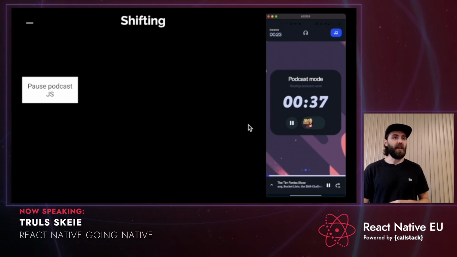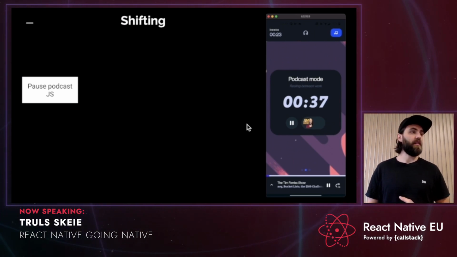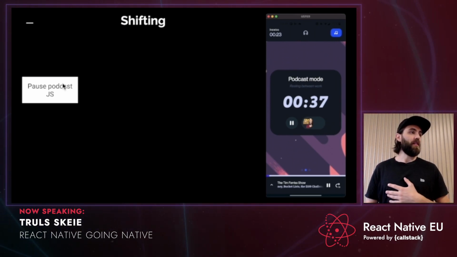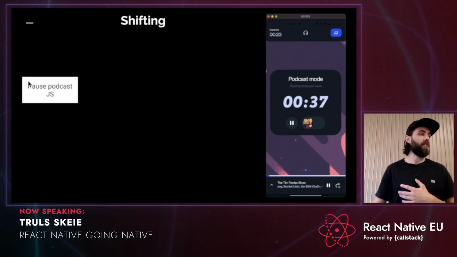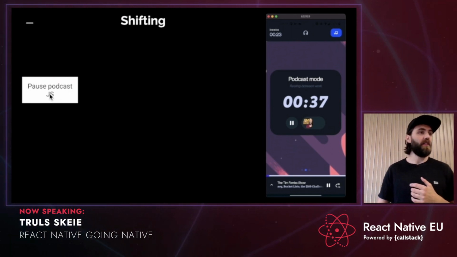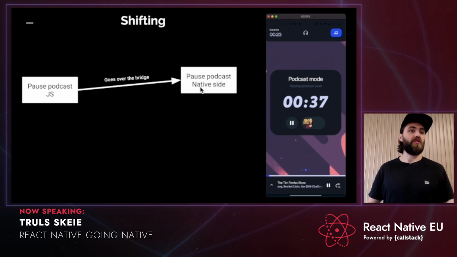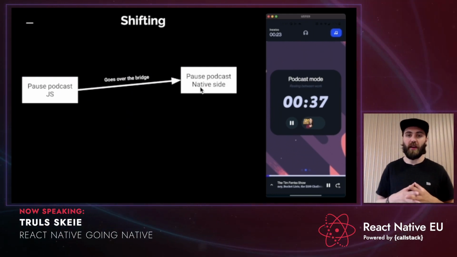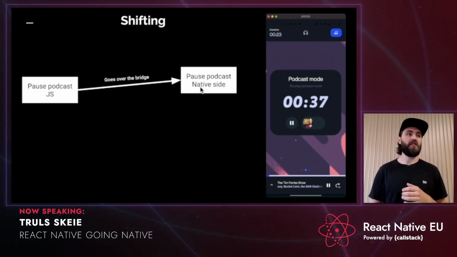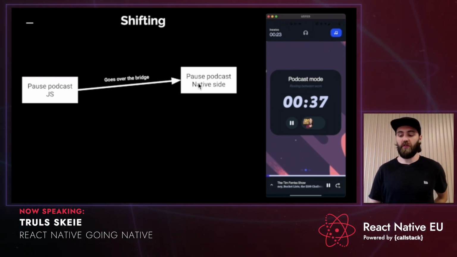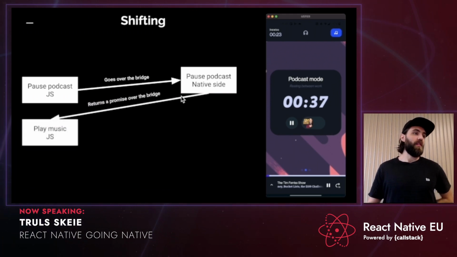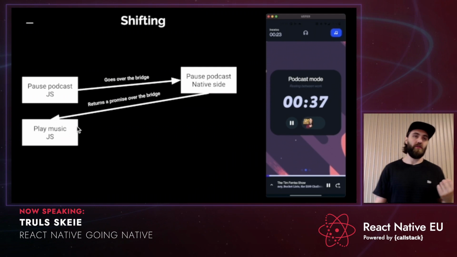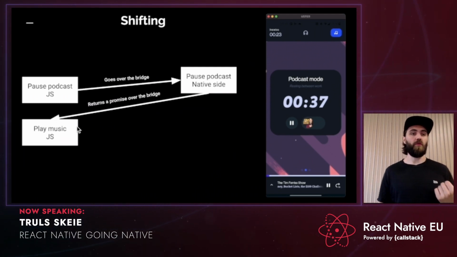And if that happens, then that is caught by the JavaScript side, and it goes over the bridge and pauses the podcast. Because how we play podcast, we're using a package called React Native Track Player on the native side, so we need to go over the bridge and pause the podcast. And that, in return, resolves a promise when the podcast is paused, and then that gets back to the JavaScript side. Then we can start playing music.